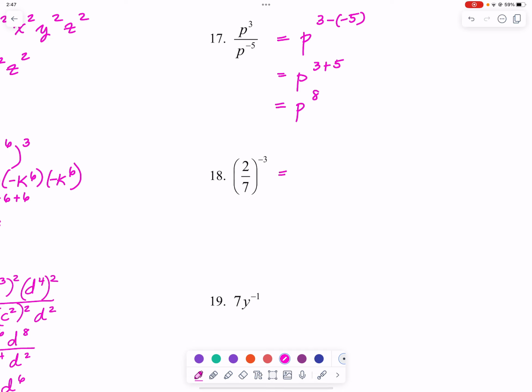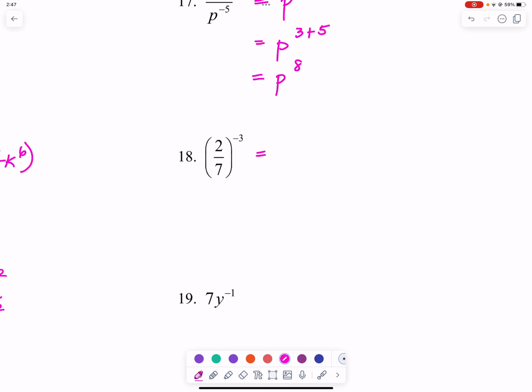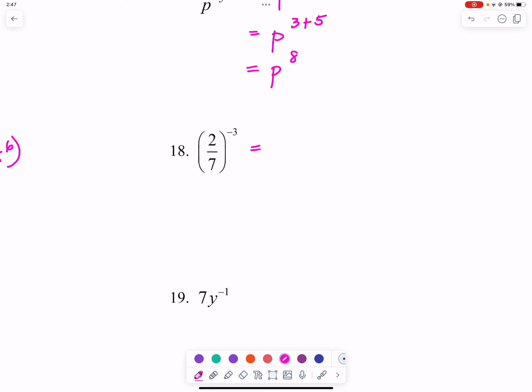Here we have another property. We are going to have 2 to the negative 3rd divided by 7 to the negative 3rd. We're going to take the 2 to the denominator and make its power positive. We're going to take 7 to the numerator in order to make its power positive.